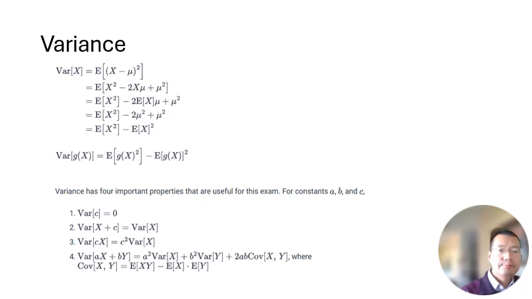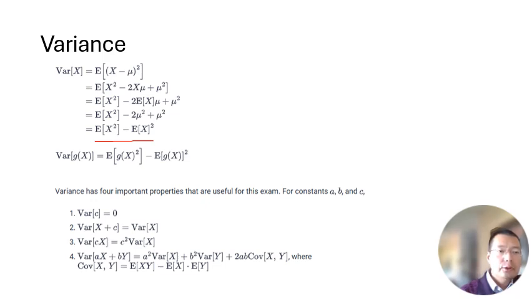Further, you can consolidate it. So it's basically just Var(X) is E[X squared] minus (E[X]) squared. Note the first term is the expected value of x squared. The second term is the expected value of x, the whole thing raised to the second power.